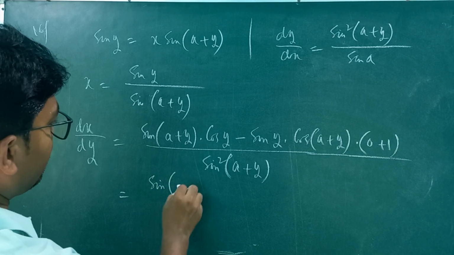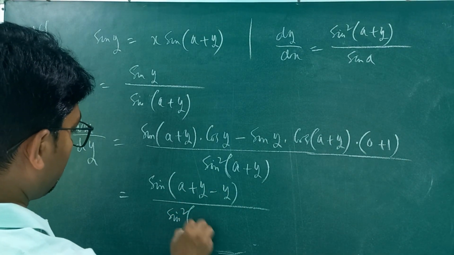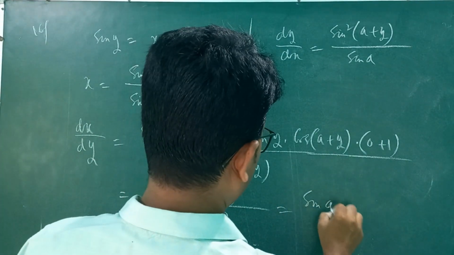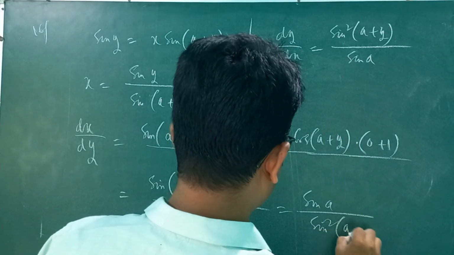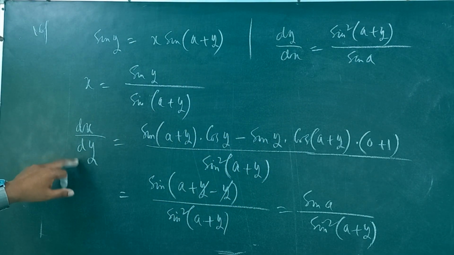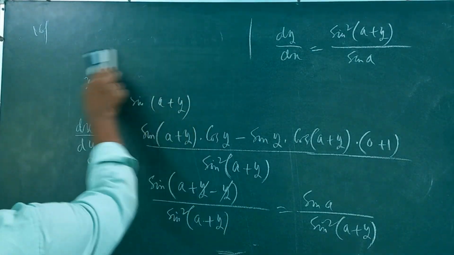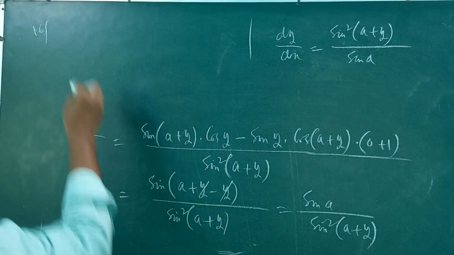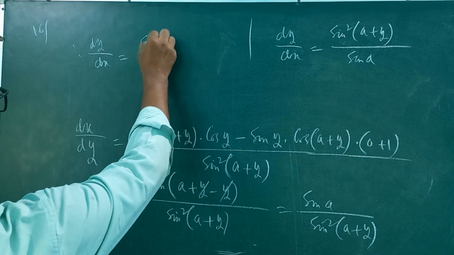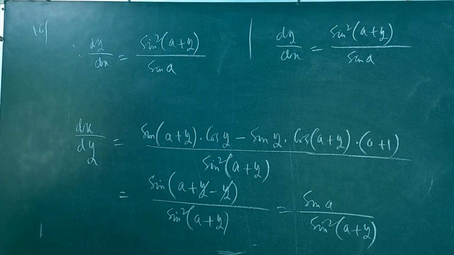So this is the required result, sin a by sin squared (a plus y). This one is dx by dy. Now what is dy by dx? You just reverse it, that is, dy by dx is sin squared (a plus y) by sin a.